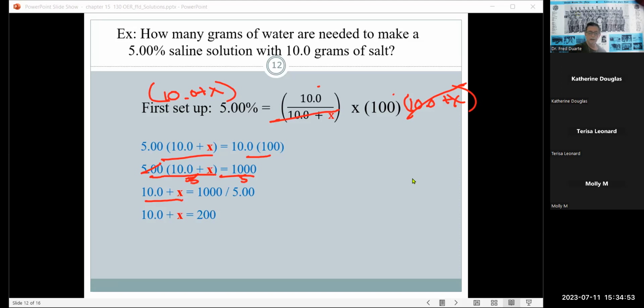Now you can solve for x: subtract 10 from both sides of the equation to give you 190.